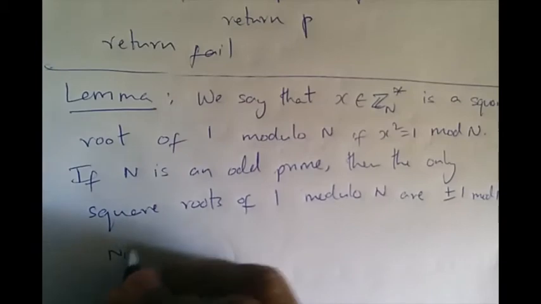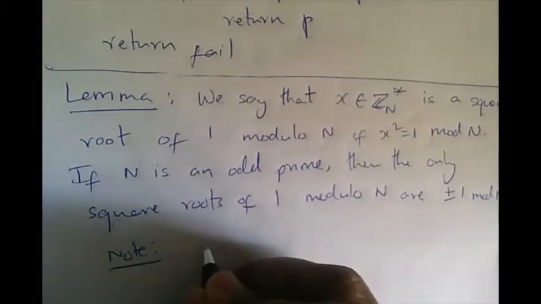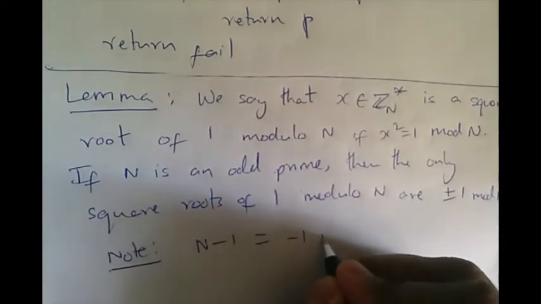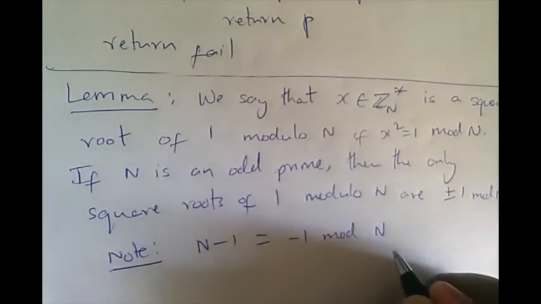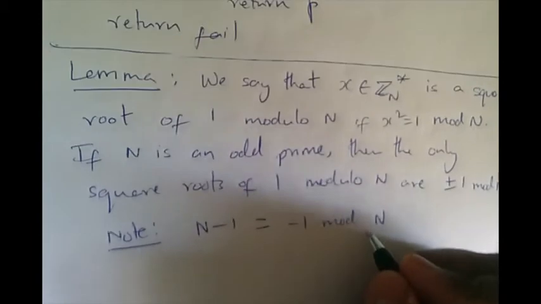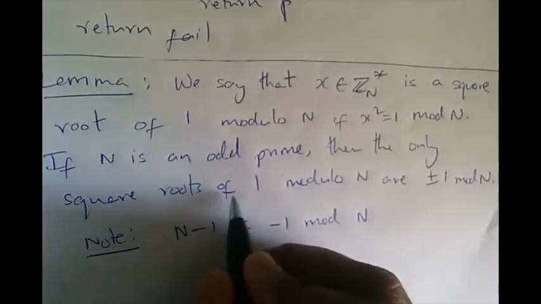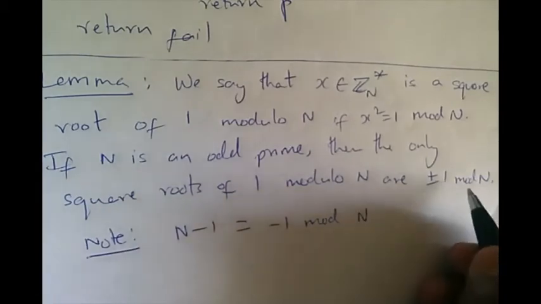What is this minus 1 here? Minus 1 is going to be n minus 1, so n minus 1 will be equal to minus 1 mod n. So when we say minus 1, we actually mean n minus 1. So the only square roots of 1 mod n are going to be 1 and n minus 1.